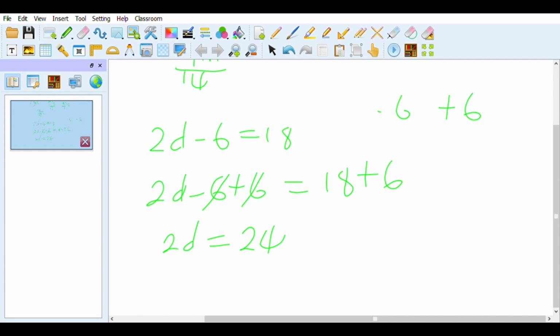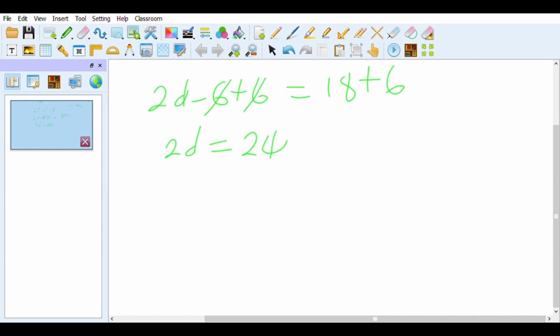Now you can see that this brings us to the other form where we have a coefficient multiplying a letter. So this is where we can now divide both sides by the coefficient. Okay, if we divide both sides, we have 2d, the coefficient is 2, so we divide it by 2, which is actually the multiplicative inverse of 2, that's 1 over 2.